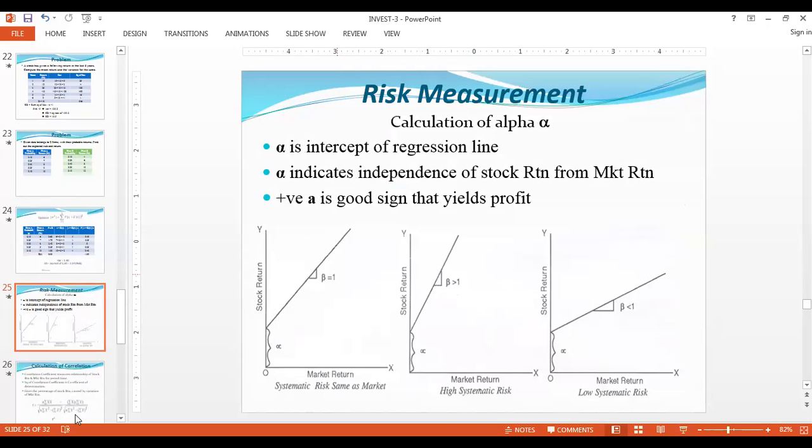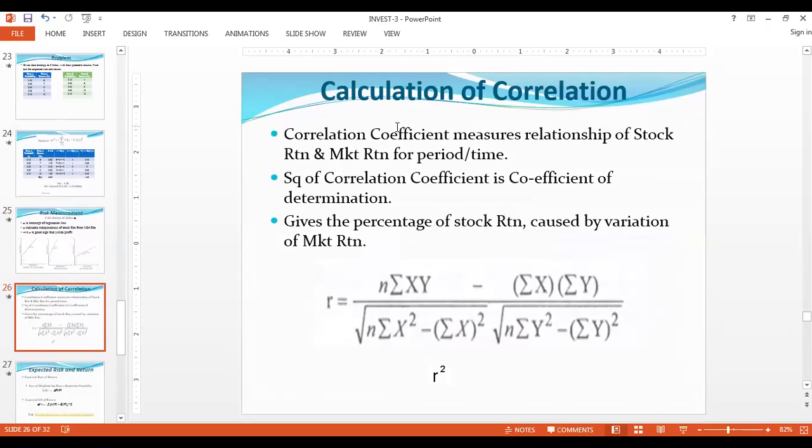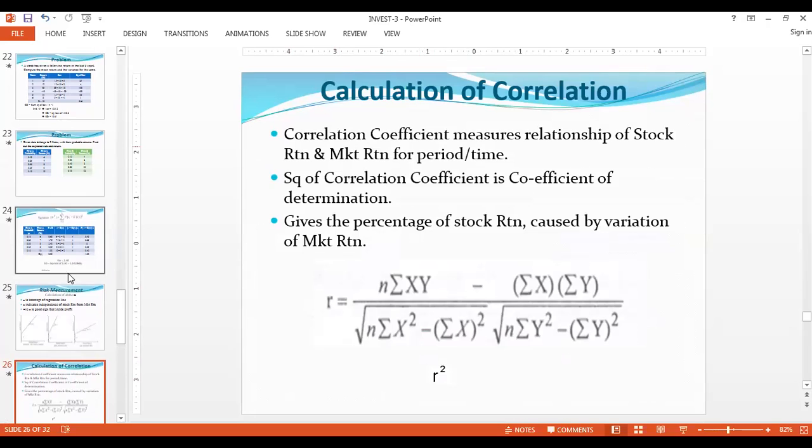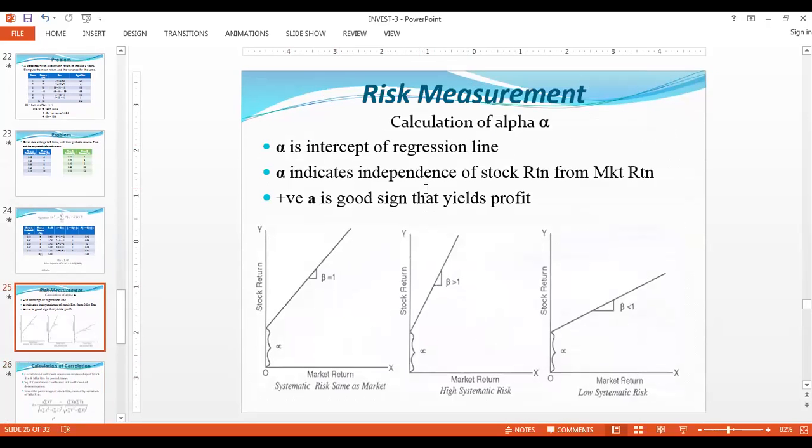Now, what is beta? We'll come to it. Beta is a tool used to estimate how sensitive your stock is to the overall market. When we talk about the overall market, we are comparing your stock with the index.